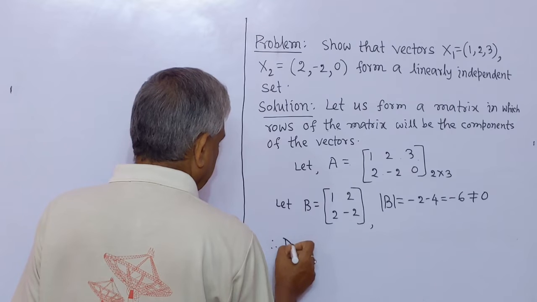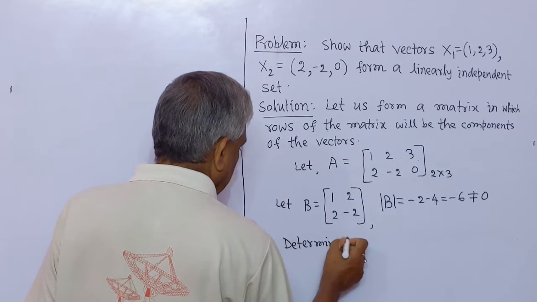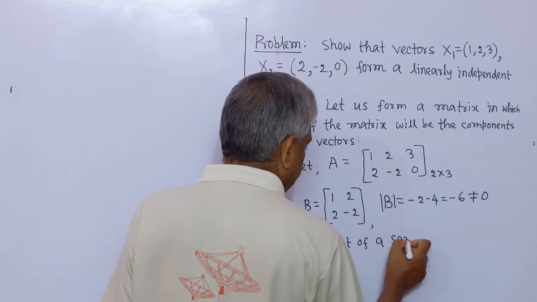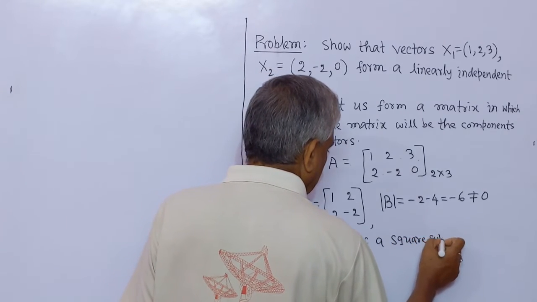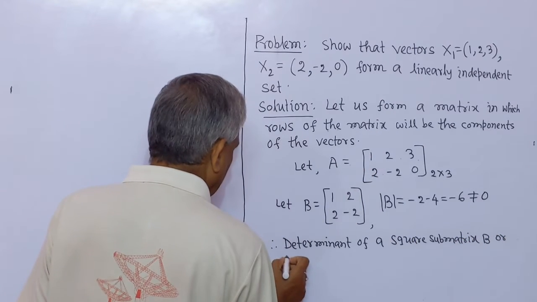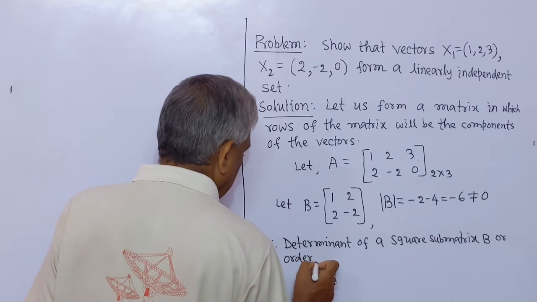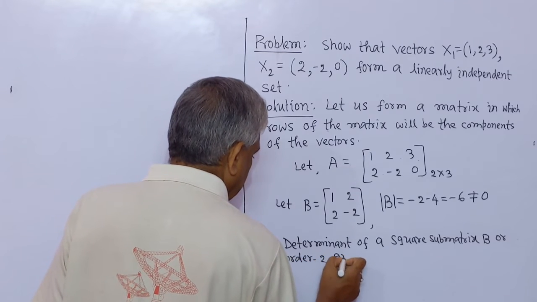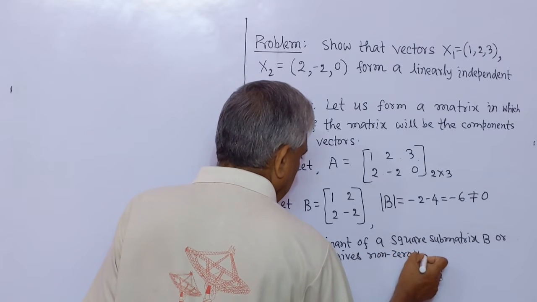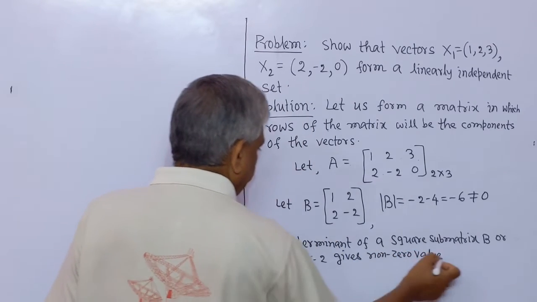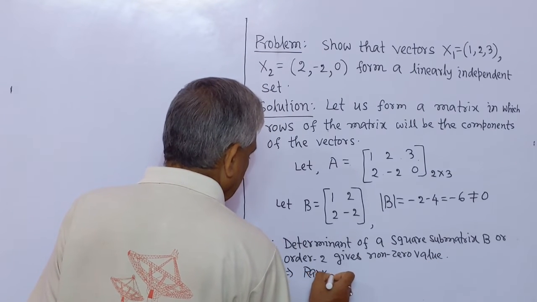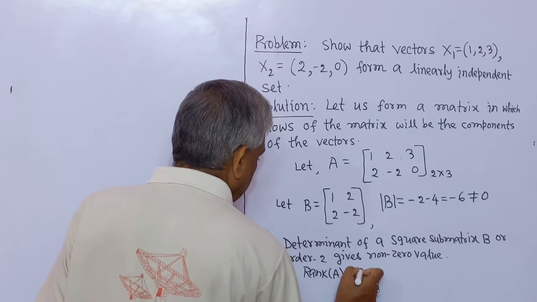Therefore, the determinant of a square submatrix B of order 2 gives a non-zero value. This implies that the rank of matrix A equals 2.